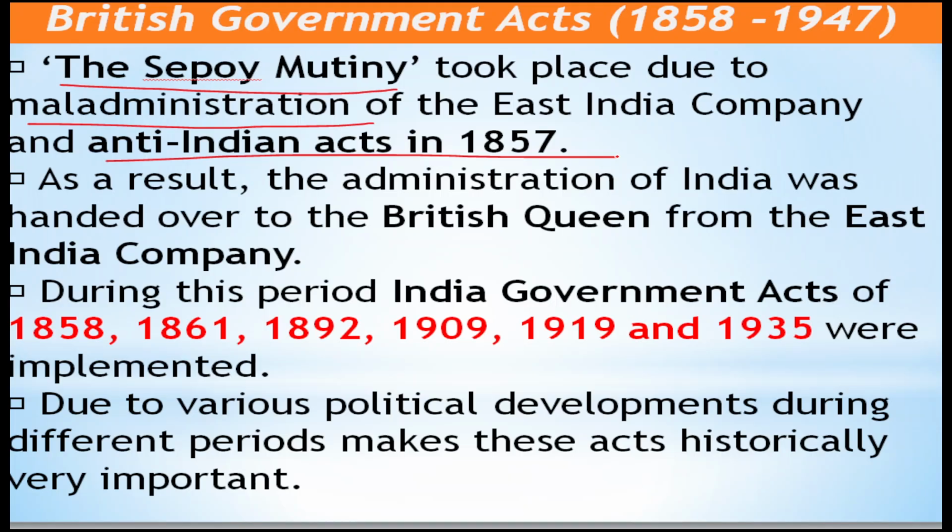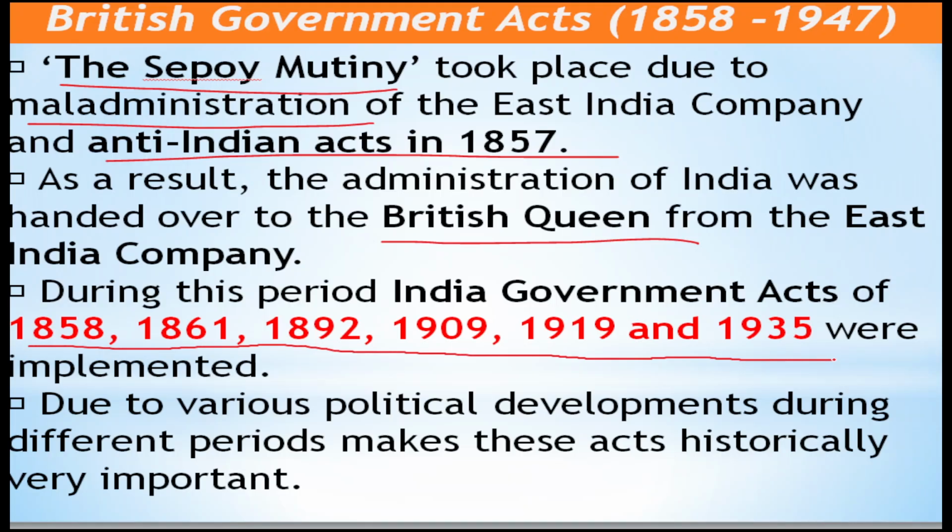As a result, the administration of India was handed over to the British Queen. Means because of these things, the power was transferred to the British Queen from the East India Company. During this period, the Indian Government Acts of 1858, 1861, 1892, 1909, 1919 and 1935 were implemented.